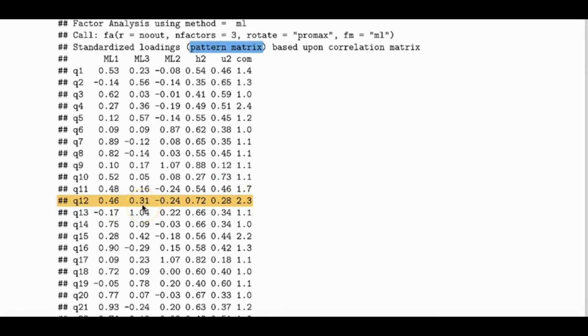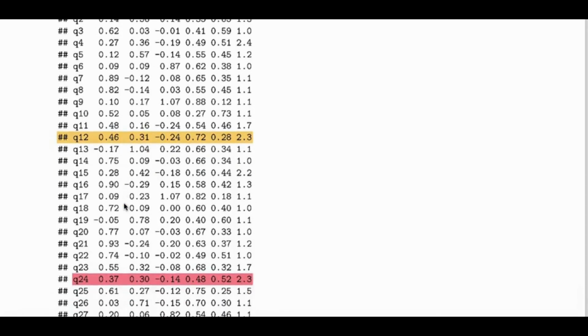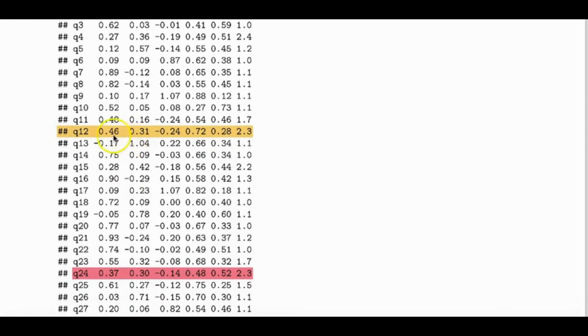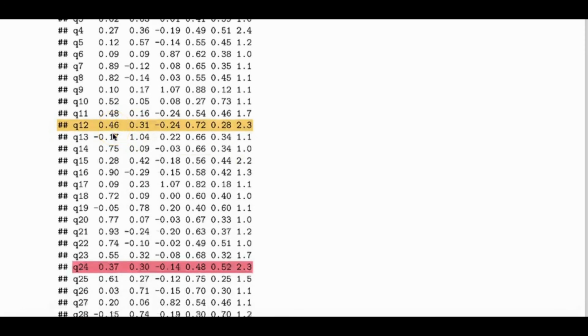And by the way, that cutoff comes from Tabachnick and Fidell. I didn't just make it up. It is about 0.30, but it's definitely loading highly in the first factor. There's no rule of thumb of how much more it needs to load in another one. I wish there was. It would make our life easier. So this could be potentially an item that we remove. This one doesn't worry me as much because it's clearly loading in factor 1.